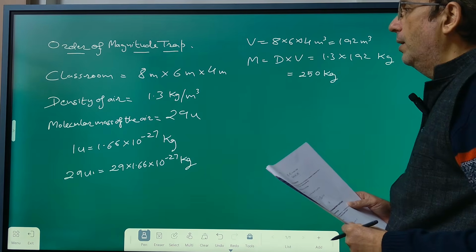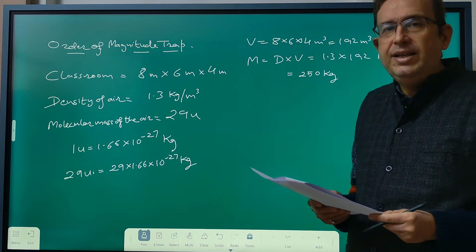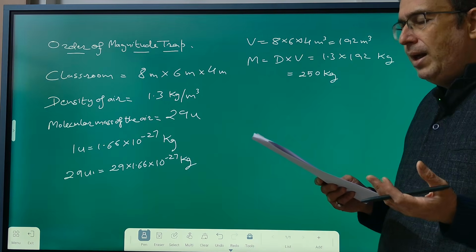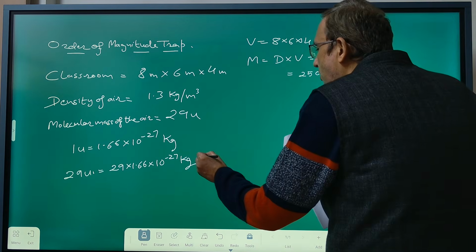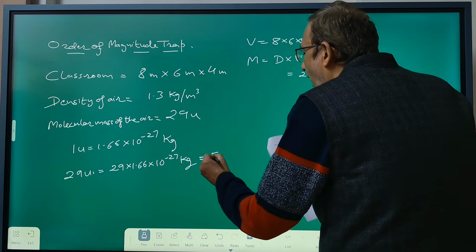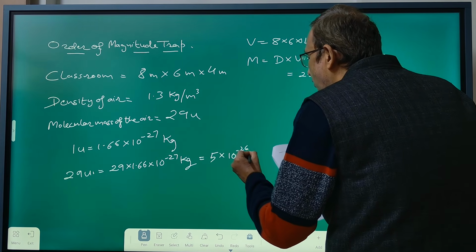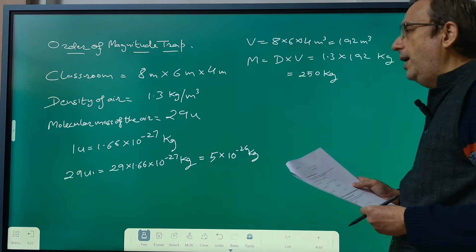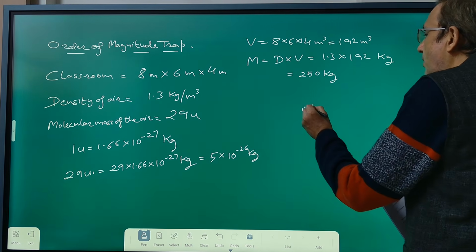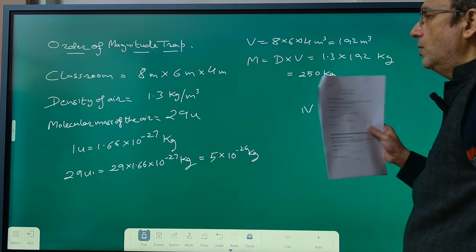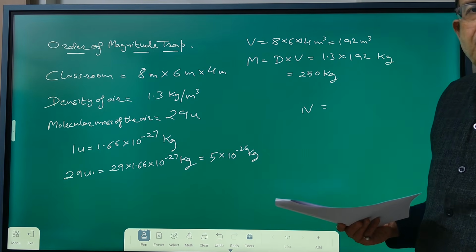Okay. So now the total mass of the air is 250 kg inside the room, and the mass of one molecule is approximately 5 into 10 raised to power minus 26 kg. So the number of molecules would be simply the total mass divided by the mass of one molecule.